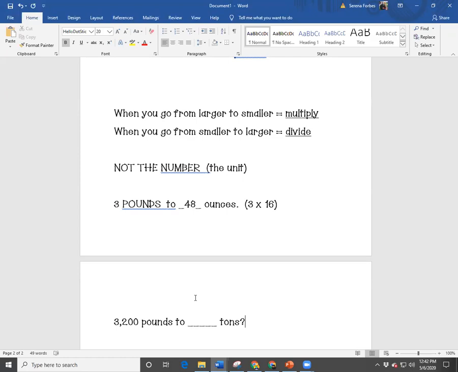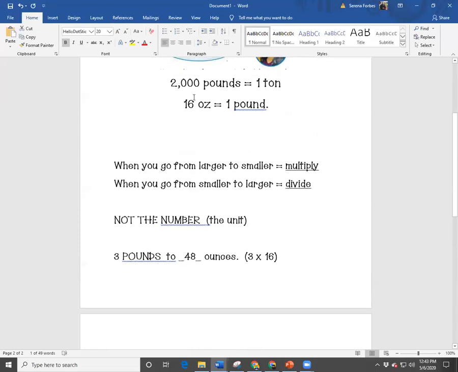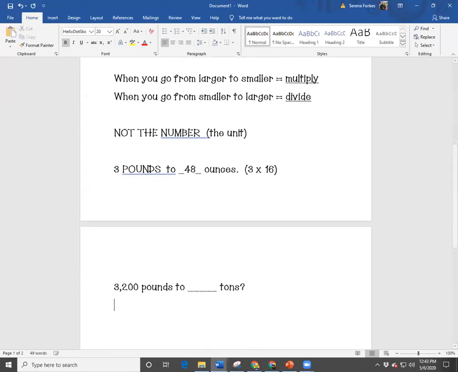I purposely gave you a little bit more of a challenging problem here, all right? 3,200 pounds to tons. Well, the first thing you have to figure out is, are you going to multiply or divide? Which one is larger? So tons are larger. So you're going from smaller to larger, so you're going to divide, and you know that 2,000 pounds is in 1 ton, so it's a division problem.